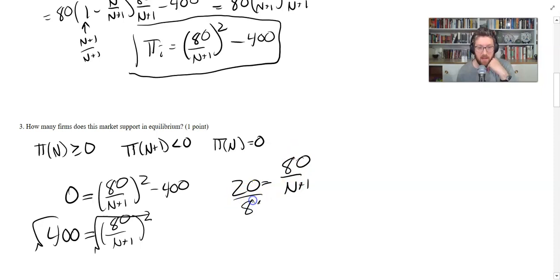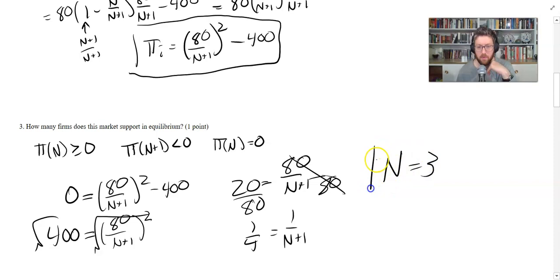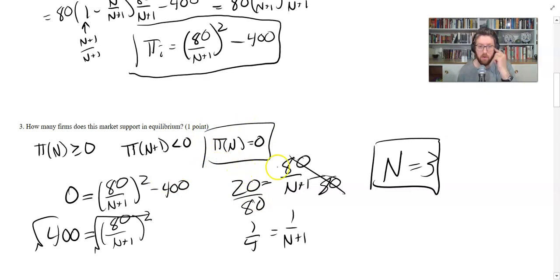Divide each side by 80, and we end up with 1/4 equals 1 over n plus 1, and that tells us n equals 3. So in this case, we got lucky that at exactly 3, profits are 0, which means if we had 4 firms, they would be making negative profits, so they won't want to come in, and this condition is satisfied. 3 firms in this market.